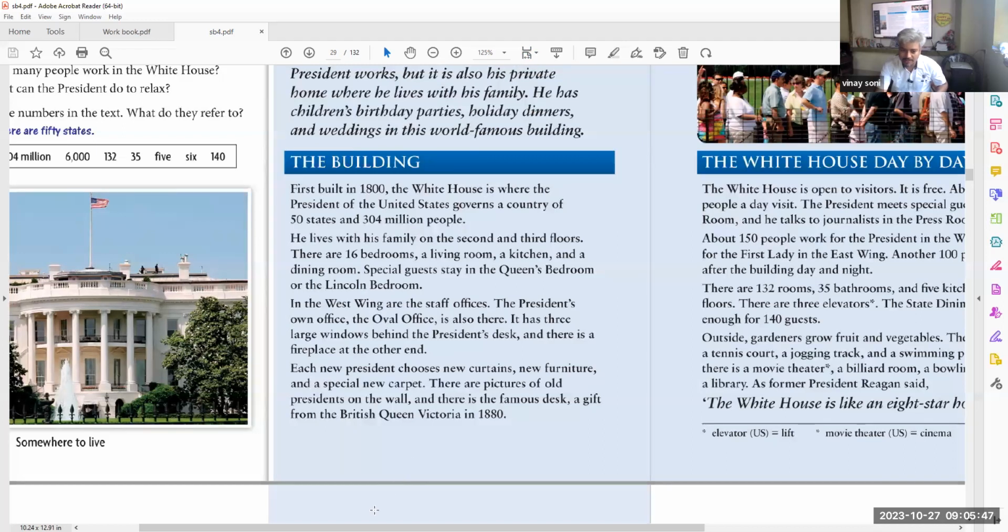We have 28 states, I think. 28. Jammu Kashmir is no longer a state, bhai. Before the 370 was removed, there were 29 states, but now there are 28 states.